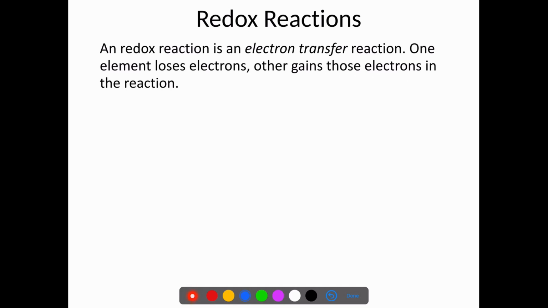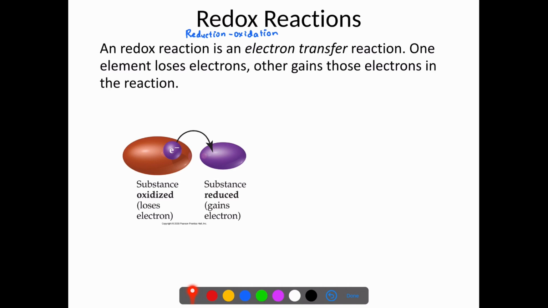We can also call them reduction oxidation reactions. So basically, this is the short form, and this is the expanded version. Redox means reduction oxidation. So in a redox reaction, you always have one substance transferring its electron to the other.